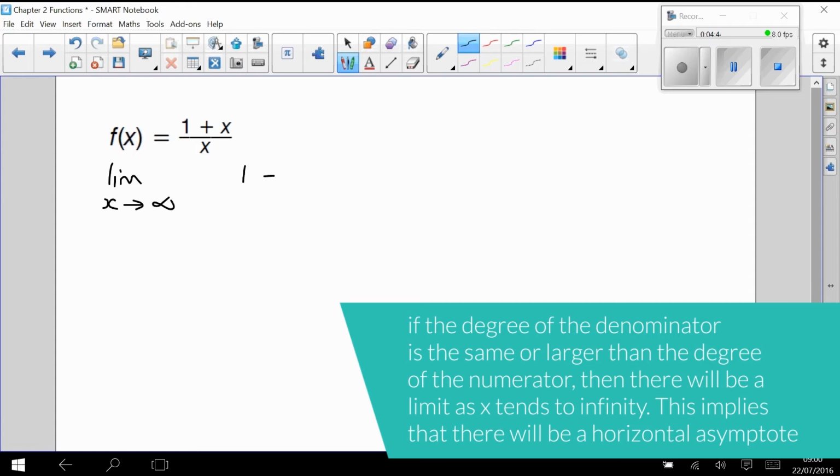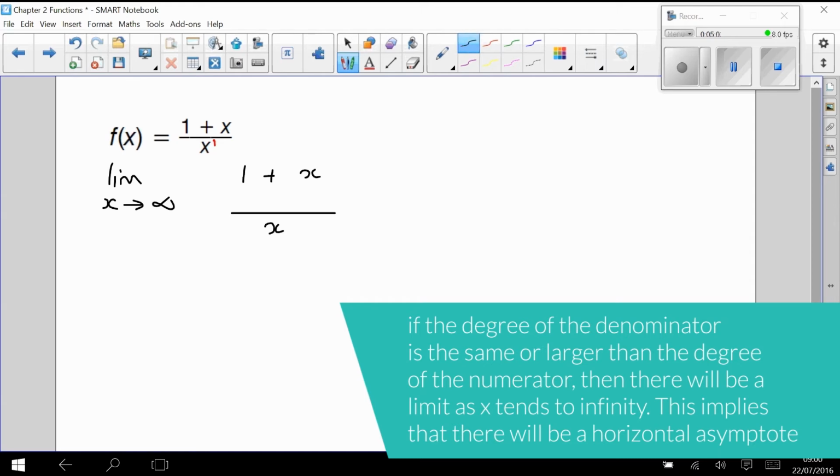In order to do this, what I'm going to do is divide the numerator and the denominator by the highest degree of x in my denominator. Now you can see that in my denominator I have x to the 1, so that is the highest degree of x.